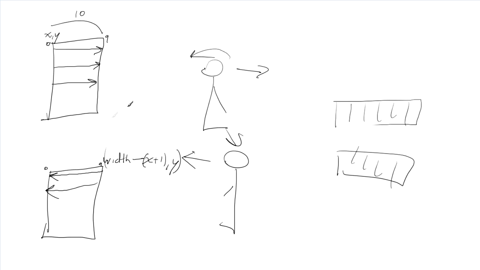If we're copying this pixel here, pixel 0, 0, we want to copy it to 10 minus 0 plus 1, which is 9, and then 0. So that's correct. So we want width minus X plus 1, and that will copy this pixel from here over to here. That is the algorithm.